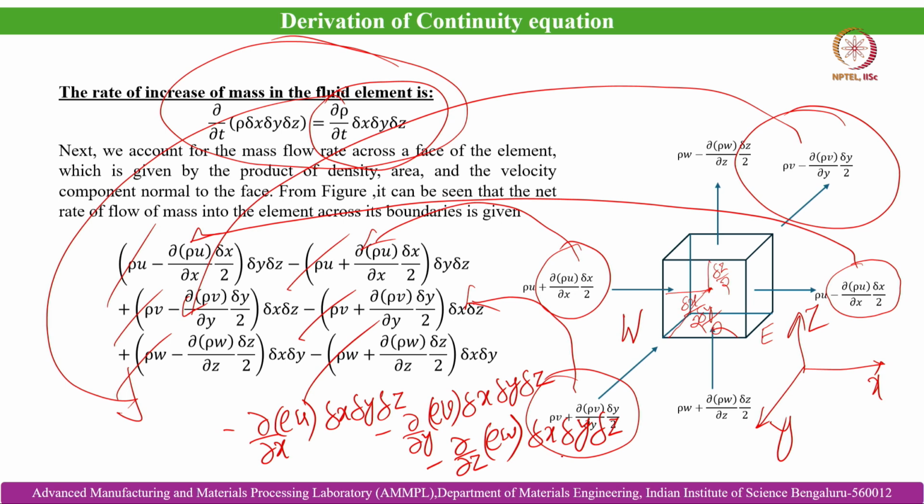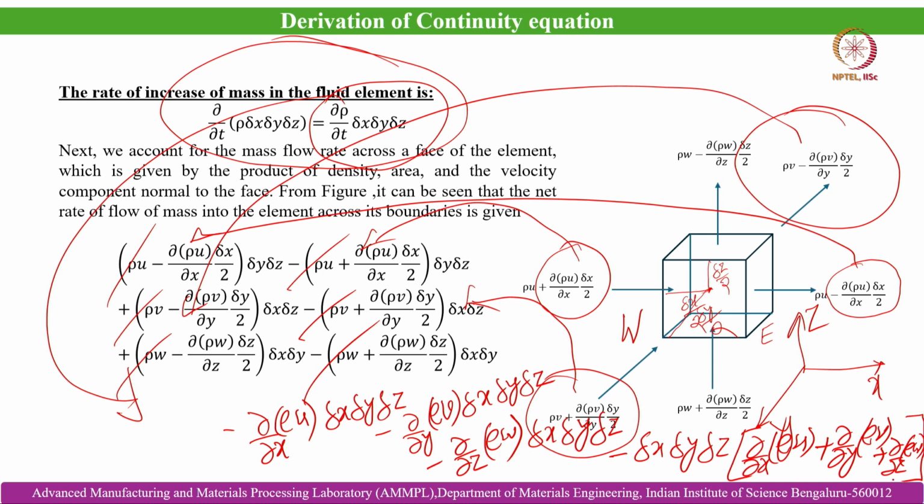If we take minus del x del y del z as common, we get del x rho u plus del y rho v plus del z rho w. Okay, this is what we are getting.